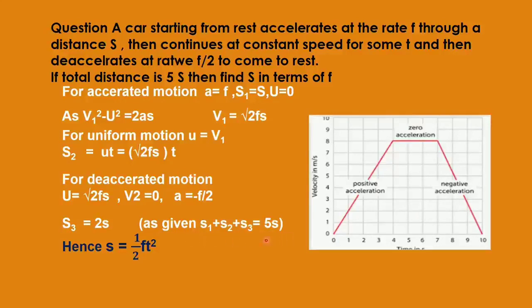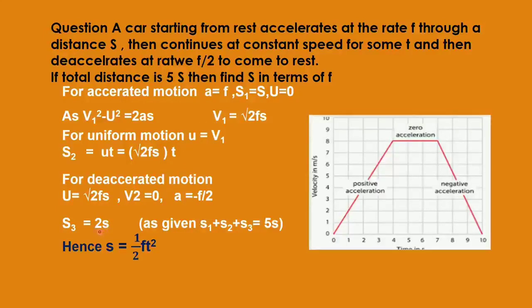So s3 also you can calculate by using the third equation, but here the initial velocity is v1, that is equal to root 2fs. Final velocity is equal to 0. Then acceleration is given as minus f by 2. Then if you use it, you are getting s3 coming out to be twice s.